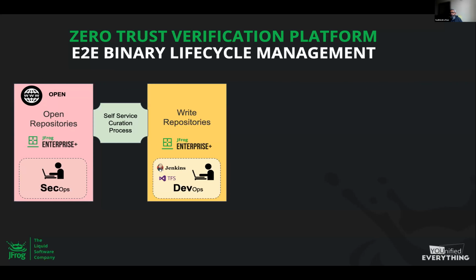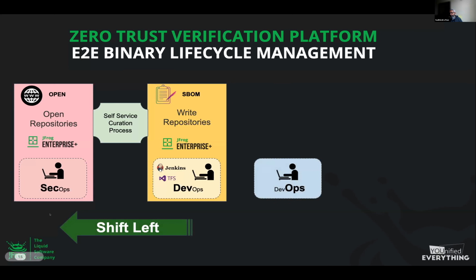It goes to the internet, downloads the bits, applies the security ops policies against it, and then takes a decision in terms of whether that piece of software should be available to the write repository or it should be blocked and isolated. And again, once the piece of software which is curated arrives in the write repository, an SBOM is generated. And again, this process is what we call shift left.